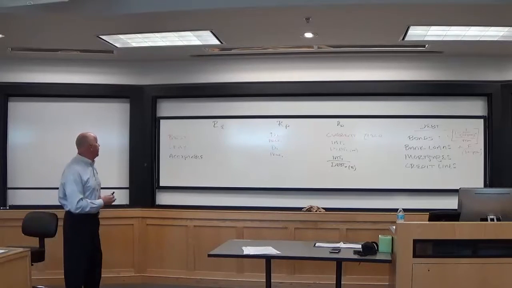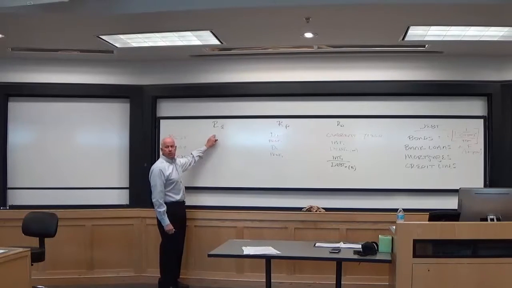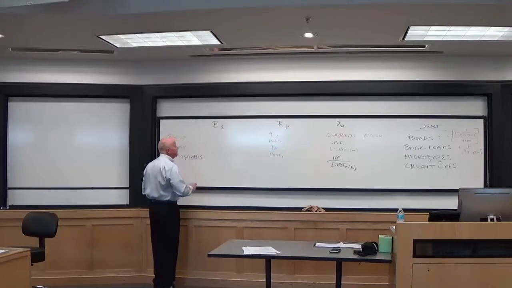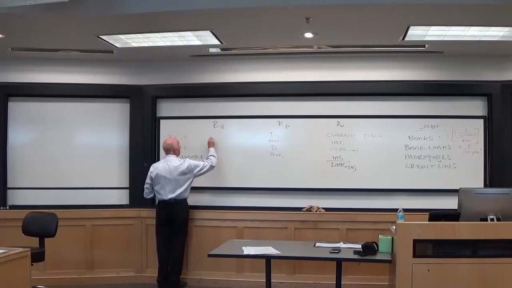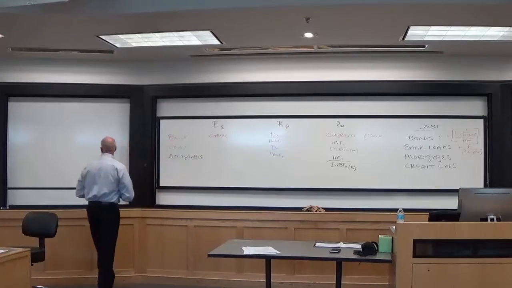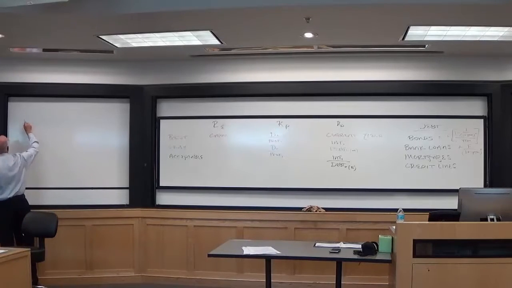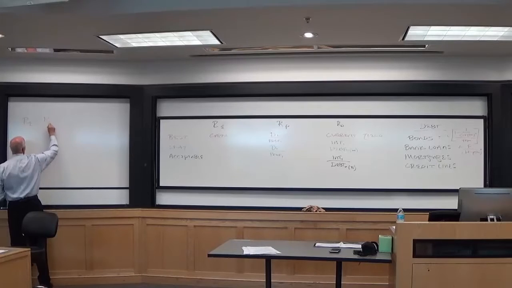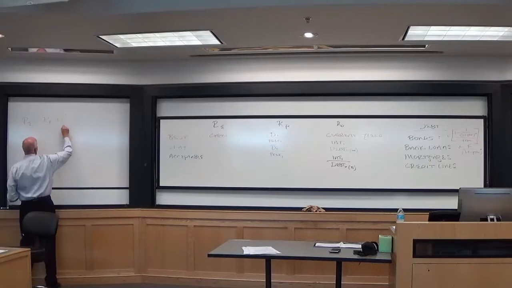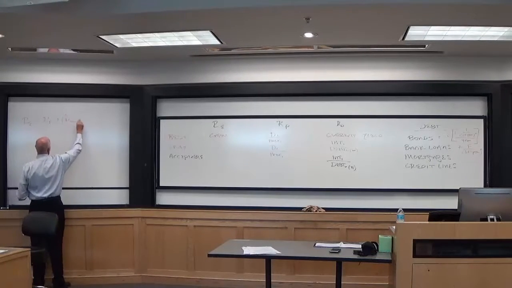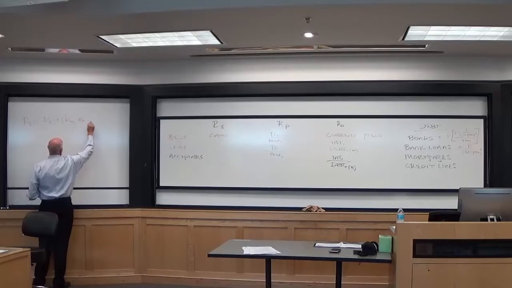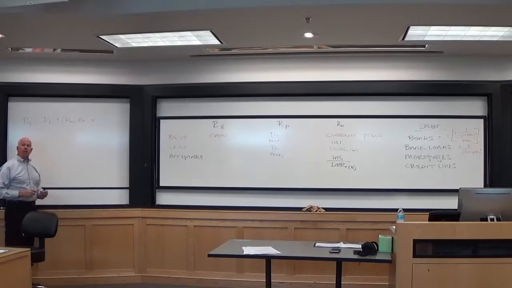So the way that we're going to think about RE in its most beneficial form is by using the CAP-M equation. The CAP-M equation for RE is equal to RF plus RM minus RF times beta.